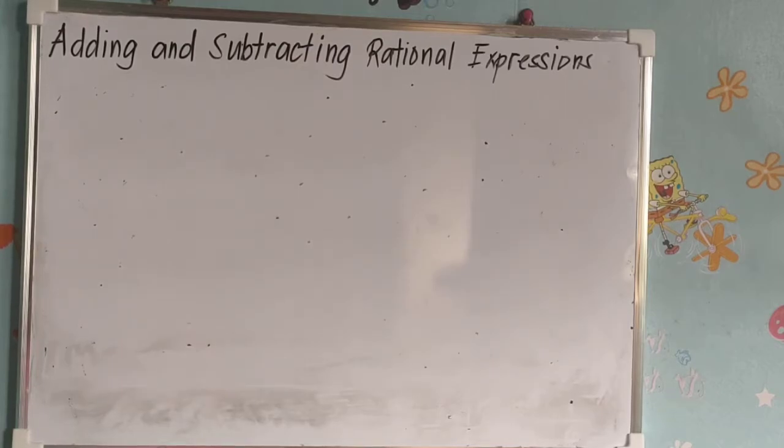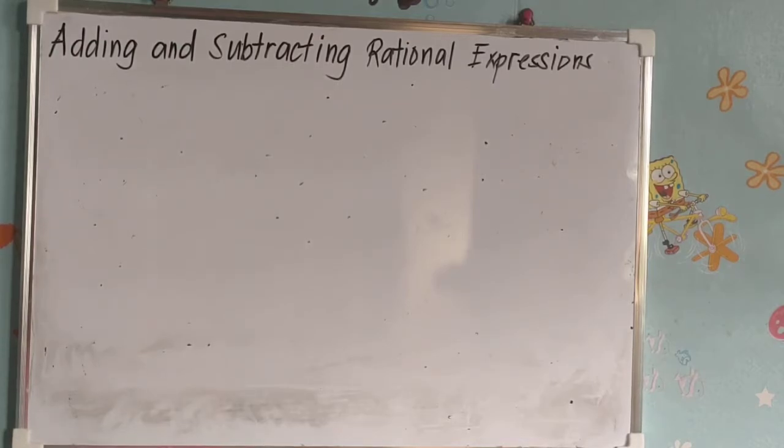In our previous video, I've already discussed how to find the least common multiple, or the LCM, or the least common denominator, or the LCD. So I think you are ready for our next discussion.